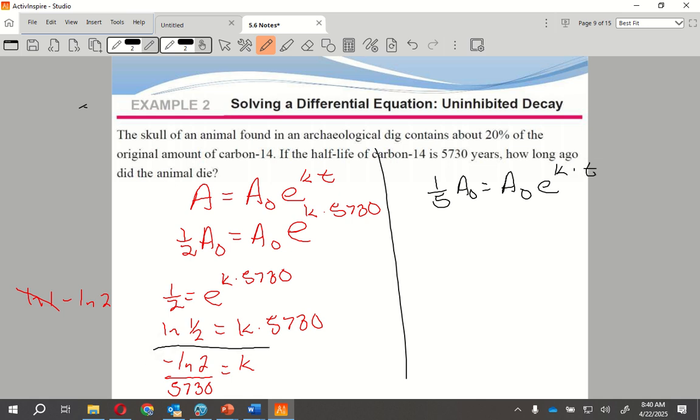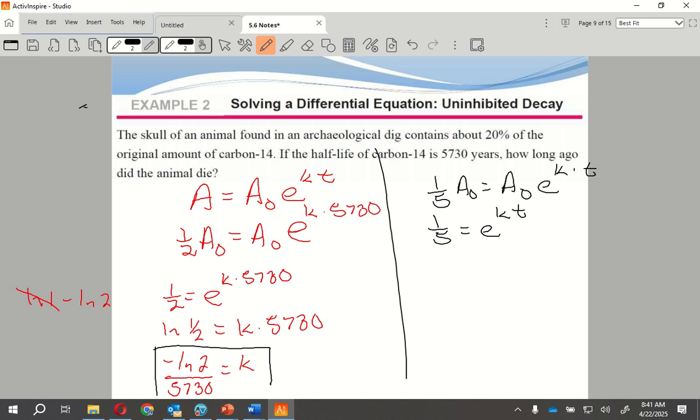K is over here. I'm not going to approximate this until the very end, until I throw it into the calculator. Divide everything by a sub naught, I should get 1/5 equals e^(k·t). Take the ln of both sides. Now, I'm going to skip a step here.